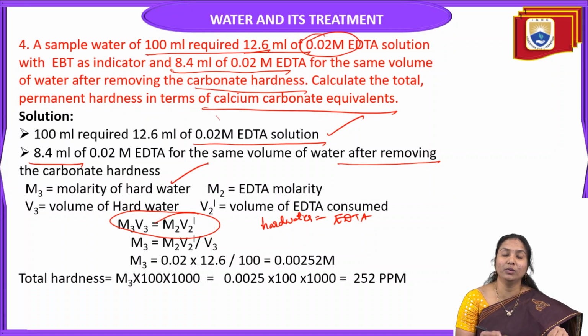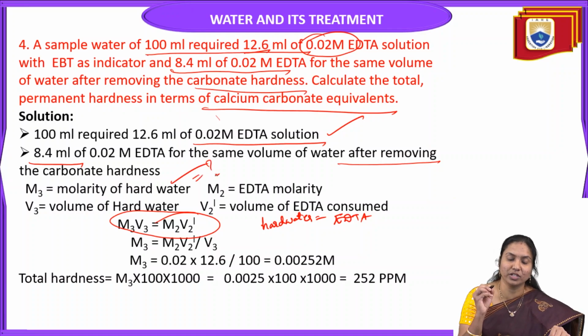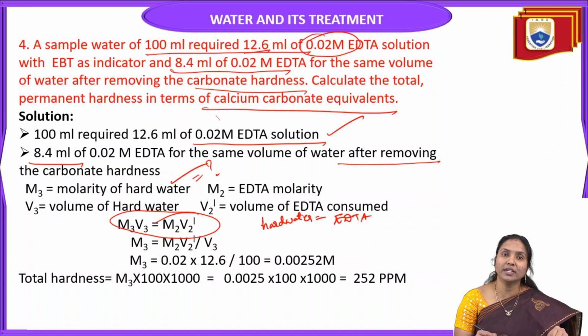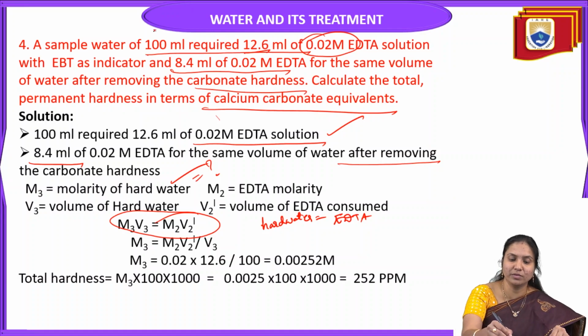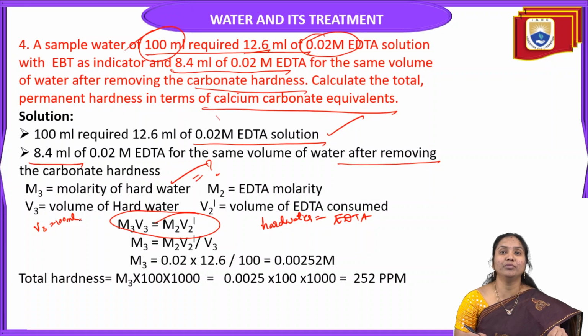We don't know that value, so we have to find it out, so put a question mark. Next, V3 is the volume of hard water. How many ml of hard water is required here? 100 ml, so V3 equals 100 ml. And next, M2 is the molarity of EDTA.